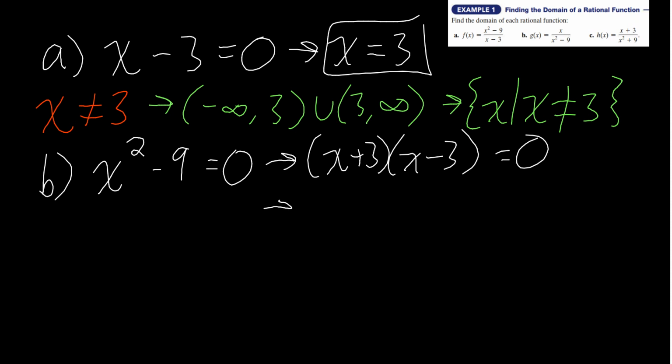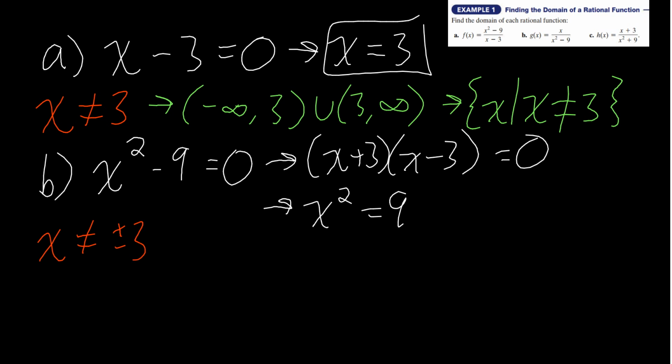Another way is we could say x squared equals, add 9 to both sides, and solve that way. And in both cases, we end up with x cannot be equal to a positive and negative 3.